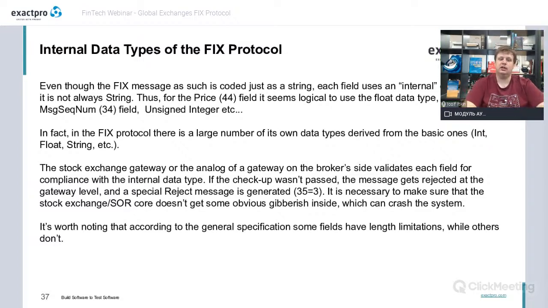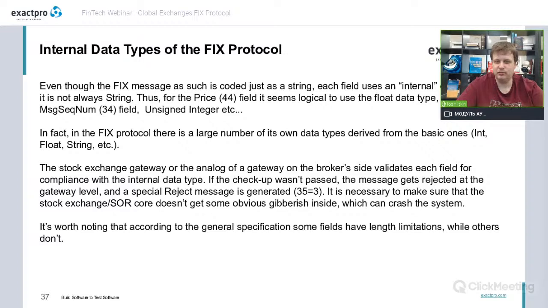So there are different types of values. Previously, I presented a slide that contained the enum value type, where a particular field can have a limited number of values. But there are other types of fields. For example, sequence numbers are integers.